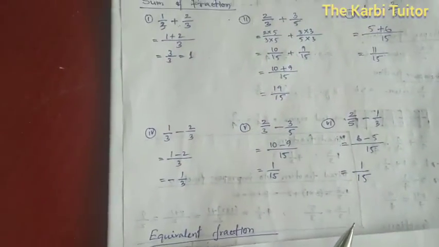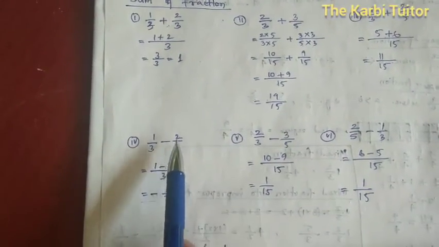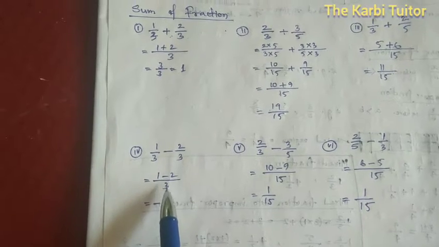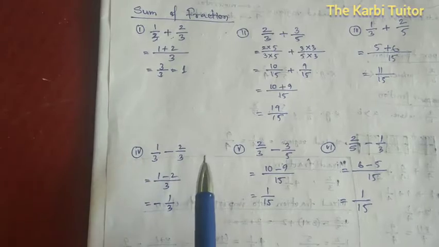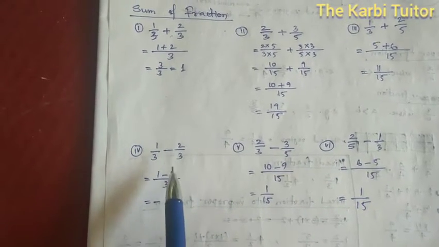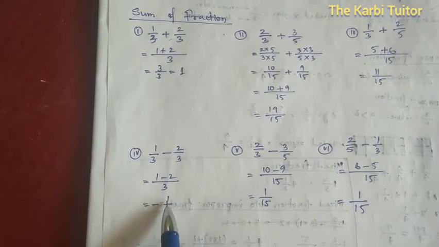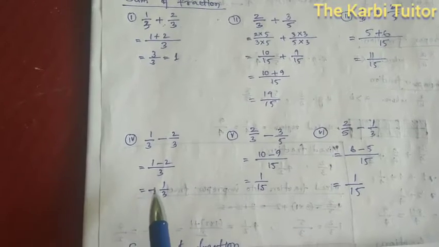Then here subtraction, 1 by 3 minus 2 by 3, so this is already like fraction, so 3, 1 minus 2, that means we have to just subtract, 1 minus 2, so minus 1 by 3. How?